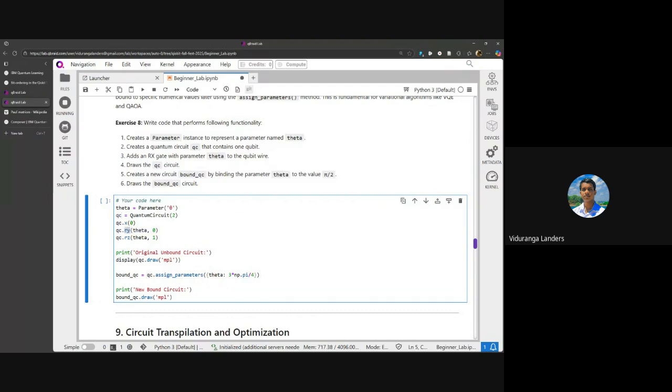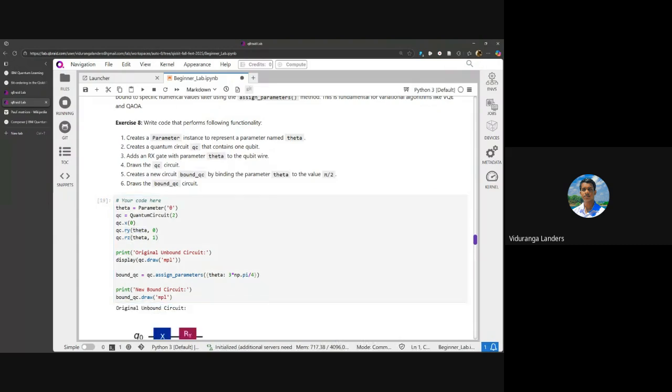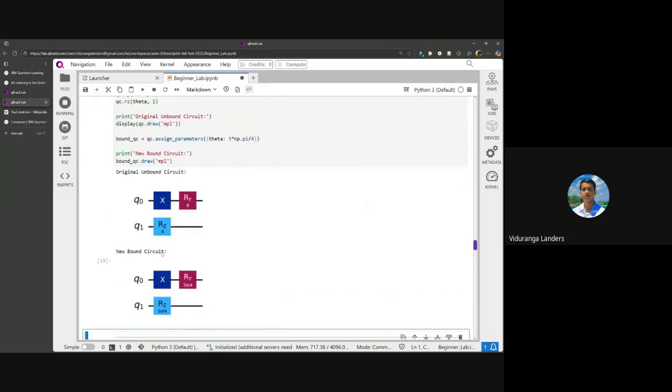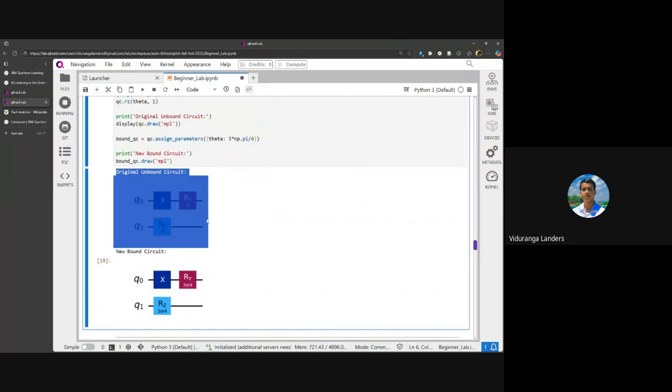So here I have defined this as theta 0, theta 1. This is going to draw you the original circuit. As you can see, I can have fixed gates, and I can have these parameterized gates. So you can think of this as my function definition. This is my circuit definition. I have defined it based on theta.